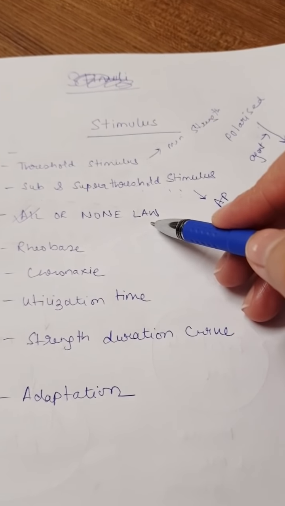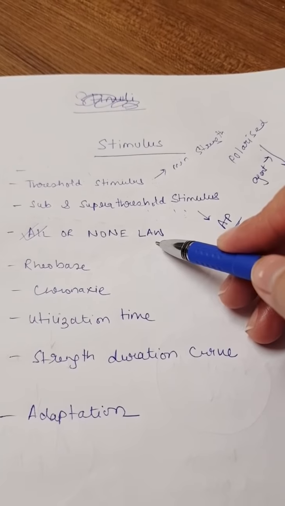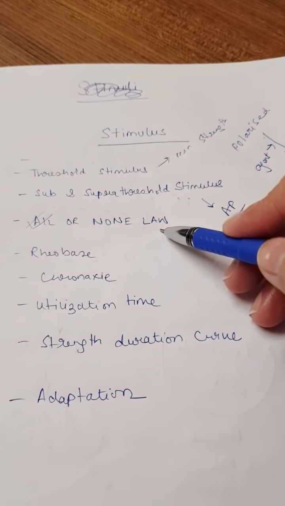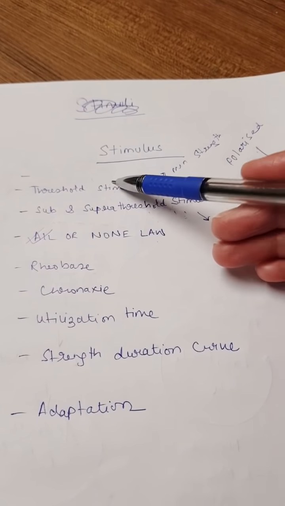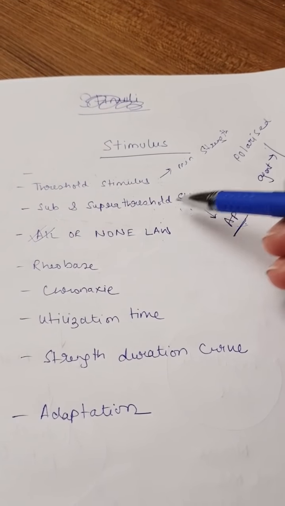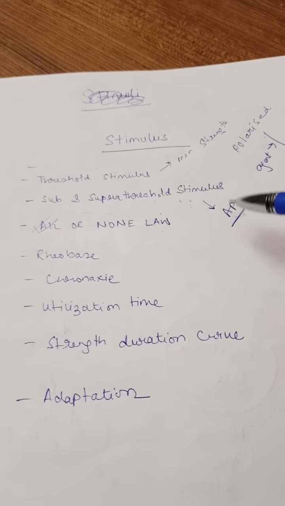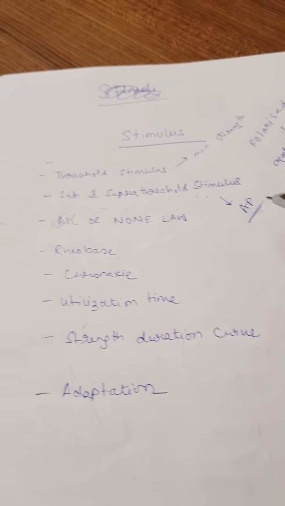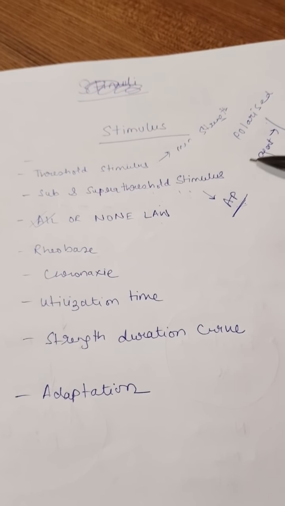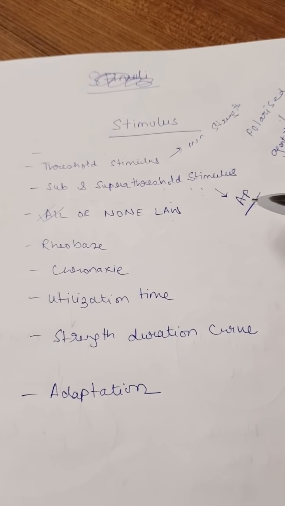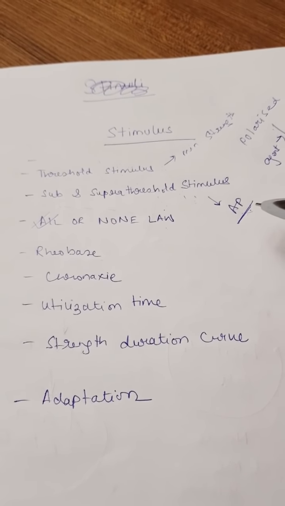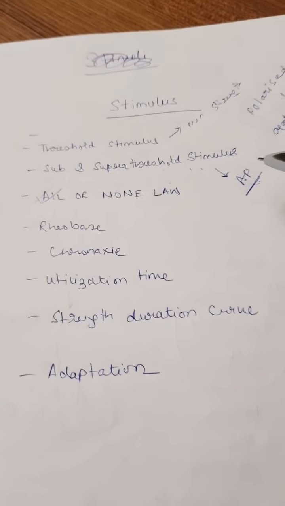Above the threshold, no matter how much we increase the intensity, the amplitude remains the same. So whether we get a threshold stimulus or a supra-threshold stimulus, the amplitude of the action potential will remain the same. For more excitable tissue, less strength of stimulus is required. For less excitable tissue, more strength of the stimulus is required. Okay?